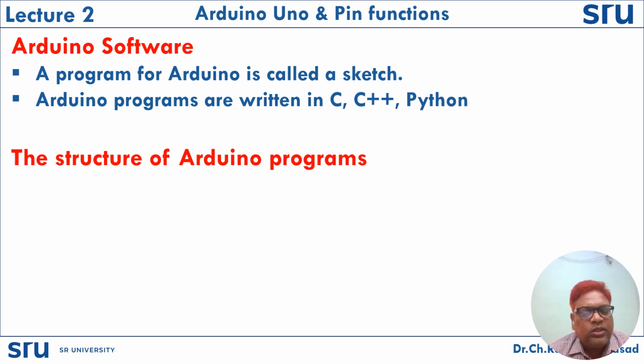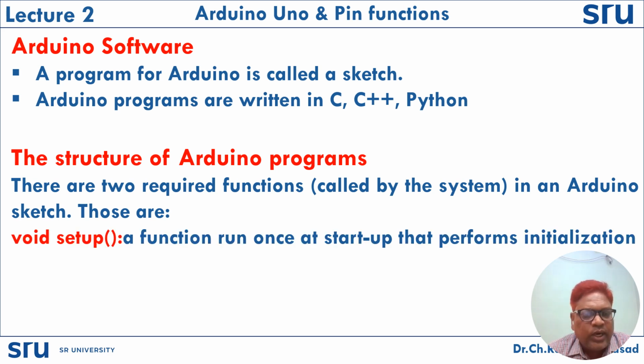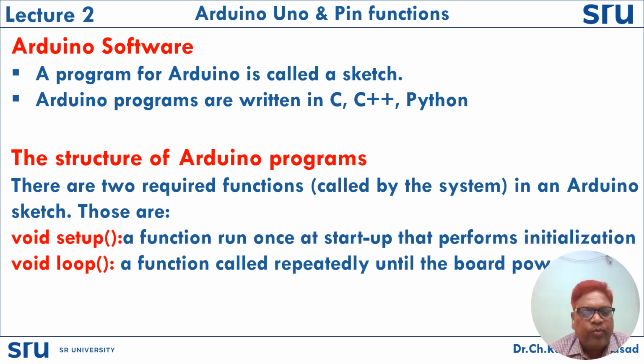And the structure of Arduino programs basically has two functions. They are void setup and void loop. Here setup is a function which will run at startup of your program to initialize whatever resources you are using in the Arduino Uno.